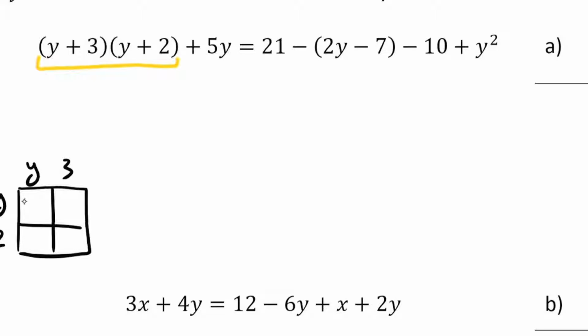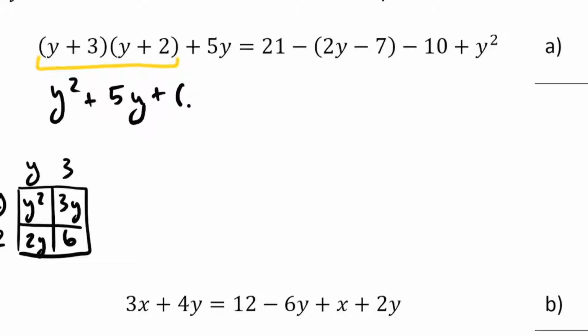And when I multiply that, I get y squared. This is 3y, this is 2y, and this is 6. So that whole thing that I've underlined in orange is equivalent to y squared plus 5y, and then plus 6. Plus, I can see I have plus another 5y. And on the other side, I've got that this equals 21.